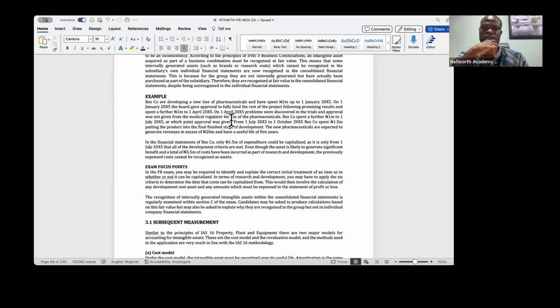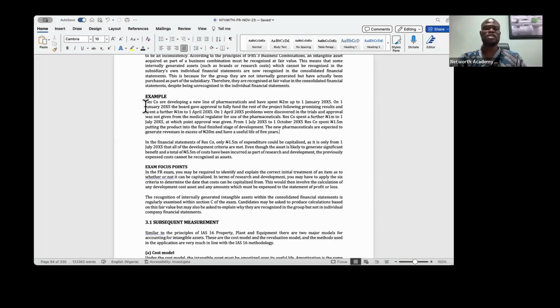So they got approval on 1st July 2005. Now said, from 1st July 2005 to 1st October 2005, Resco spent 1.5 million putting the product into the final finish stage of development. The new pharmaceuticals are expected to generate revenue in excess of 20 million and have a useful life of 5 years.